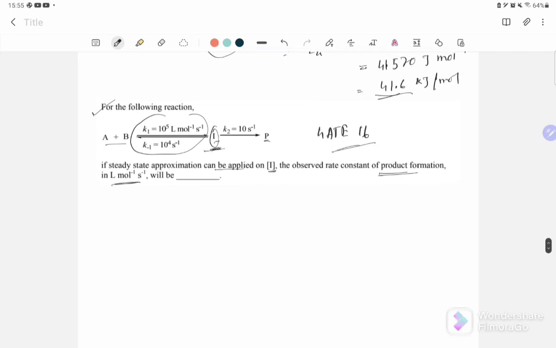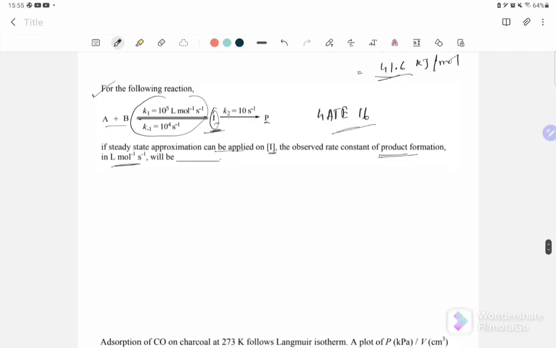So if we apply the steady state approximation, d[I]/dt will be k1 [A][B], because I is produced from A plus B, minus k inverse [I], because I decays back to A plus B. Whatever is produced is positive and whatever decays is negative.